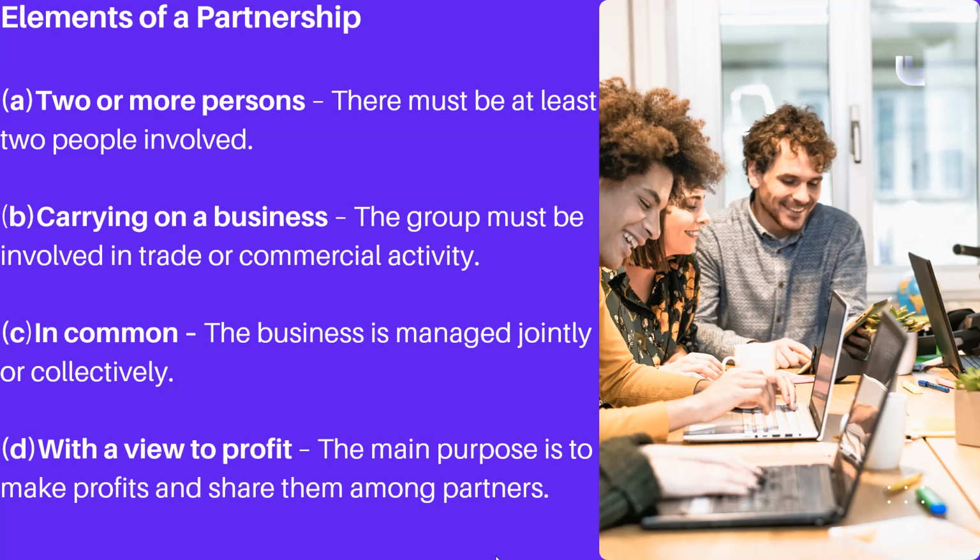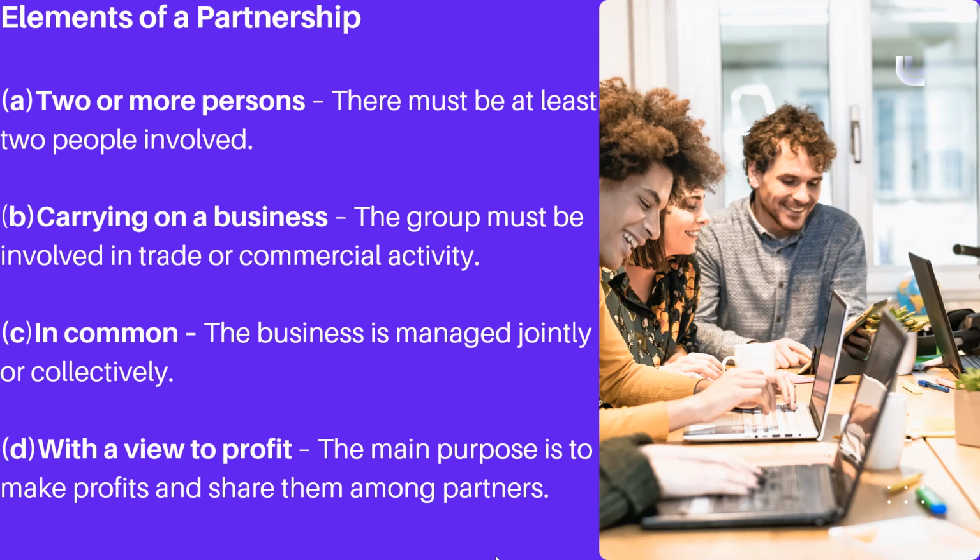When we are talking about a business here, we are looking at trade. We are looking at the element of a commercial activity taking place. And then there needs to be something that is being done in common. So the business needs to be joint, or the partnership formation needs to have a joint management, or we work collectively as partners within the establishment.